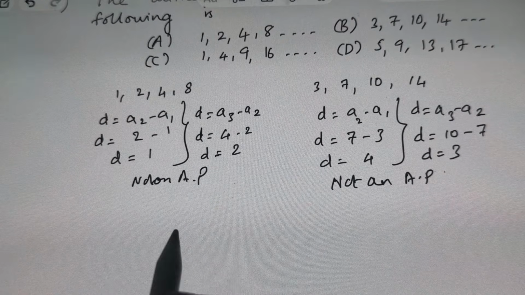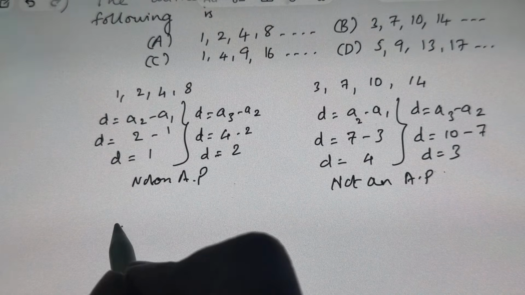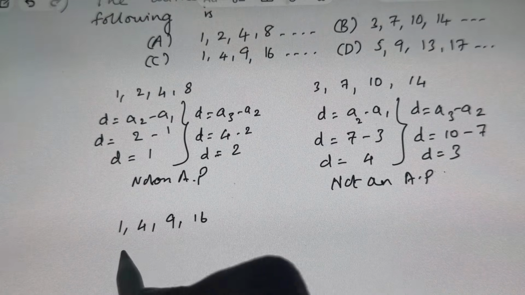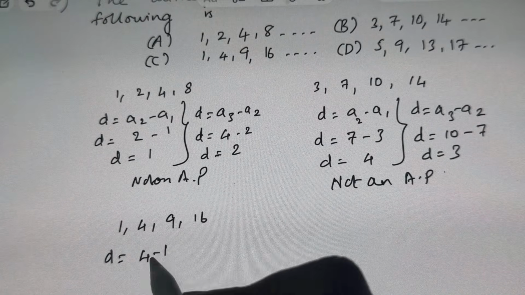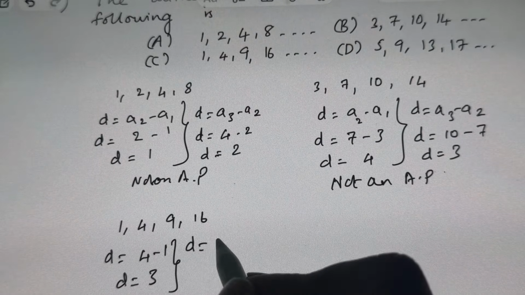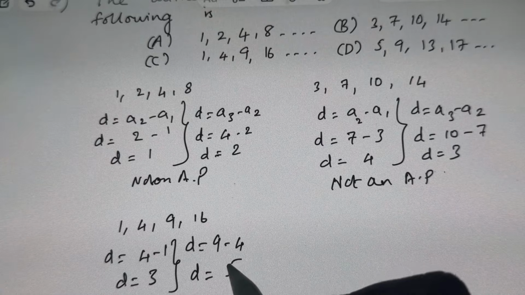Going for the third series, 1, 4, 9, 16, D equals 4 minus 1, so D equals 3, D equals 9 minus 4, D equals 5.